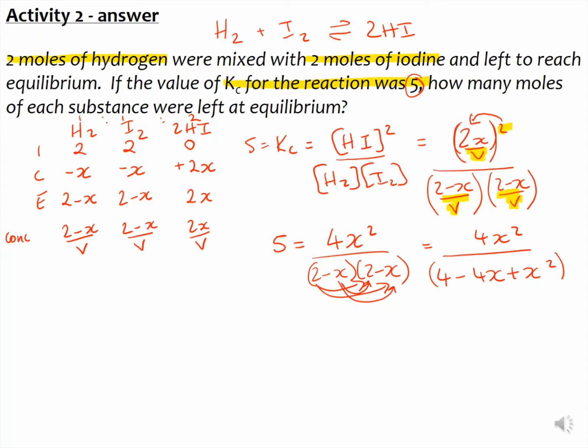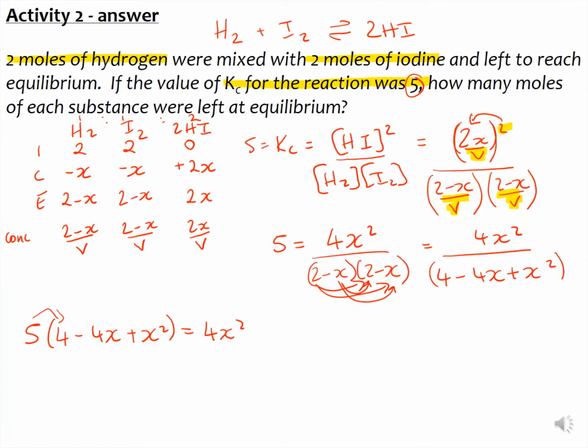So as we did before, I'm going to rearrange this. Everything that's on the bottom, I'm going to bring to the other side of the equal sign, and I'm going to multiply both sides by everything in the brackets. So we're going to have 5 times 4 minus 4x plus x squared equal to 4x squared.